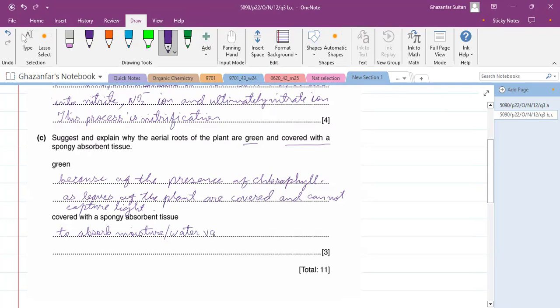You cannot write water; you can write water vapors or moisture. So that water can be absorbed by the plant.